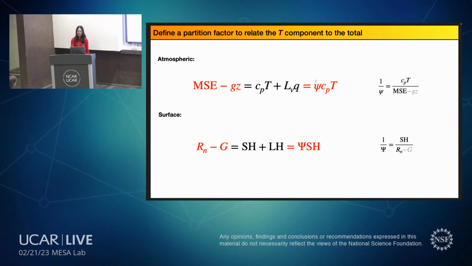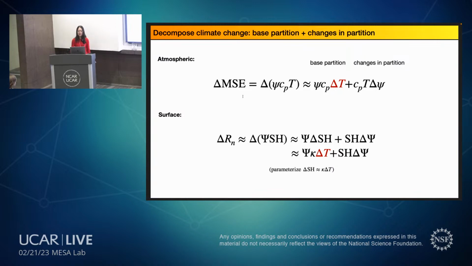And to investigate this, we define a partition factor psi to connect the temperature component to the total. So the inverse of that represents the ratio of the temperature component to the total for both perspectives. And for a climate change, we decompose the change in the total into a component that keeps the base partition and a component that has changes in partition.